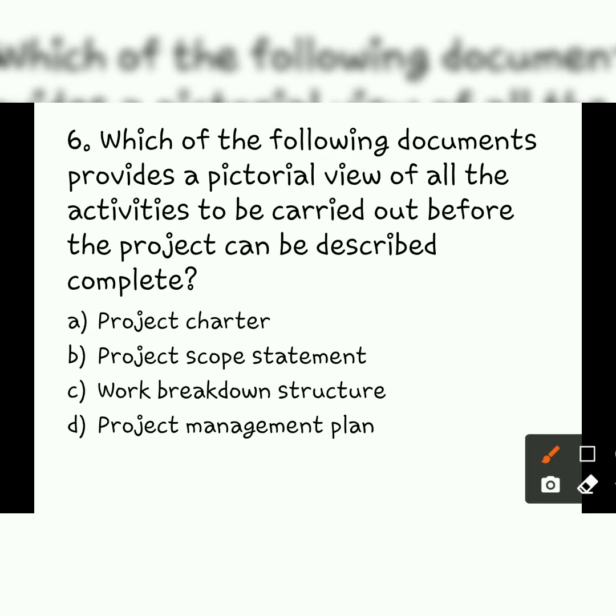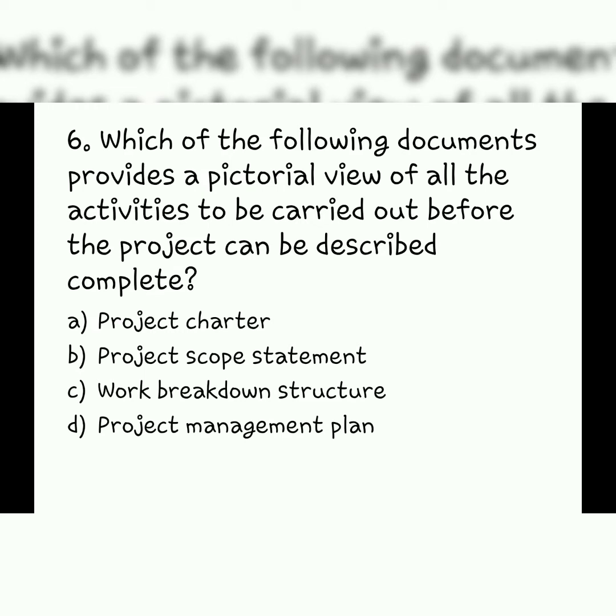The answer is WBS, that is the work breakdown structure. It describes all the activities that need to be carried out in a project. So the answer is C.